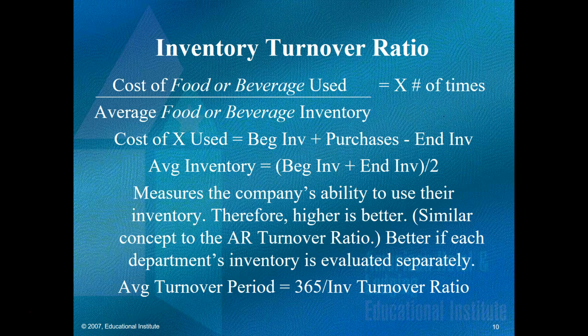In a restaurant situation, how often should you see the arrival of inventory to the sale? Exactly. It should be about every week, right? Okay. So if it's about every week, how many times per year should you see your inventory turnover ratio? 52.